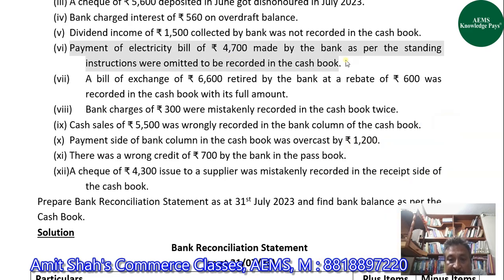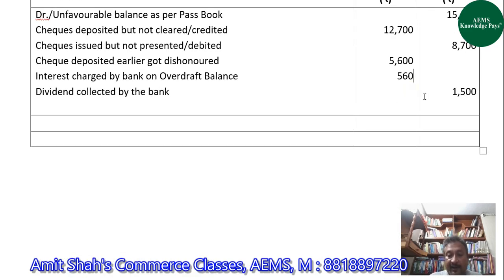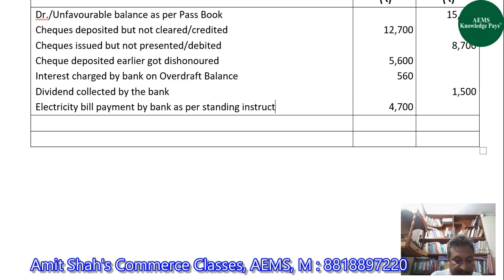But since it has not been recorded in our cash book, the balance is more, and that is why this will come in the plus column. So, electricity bill payment by bank as per standing instructions.